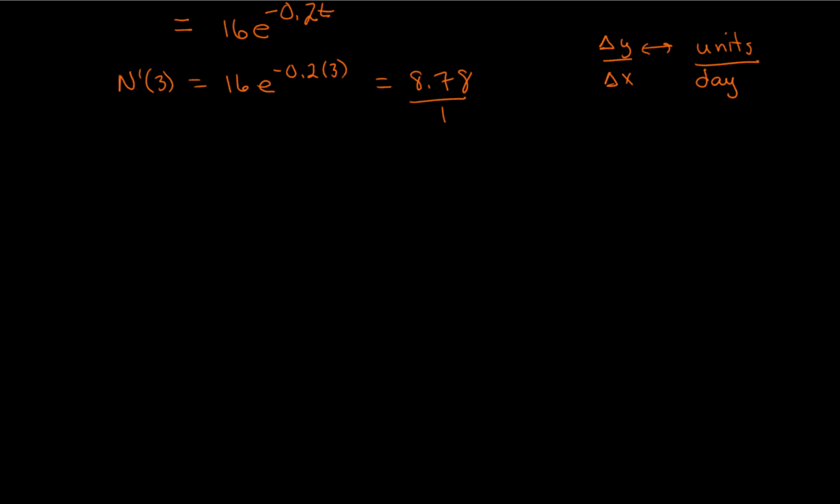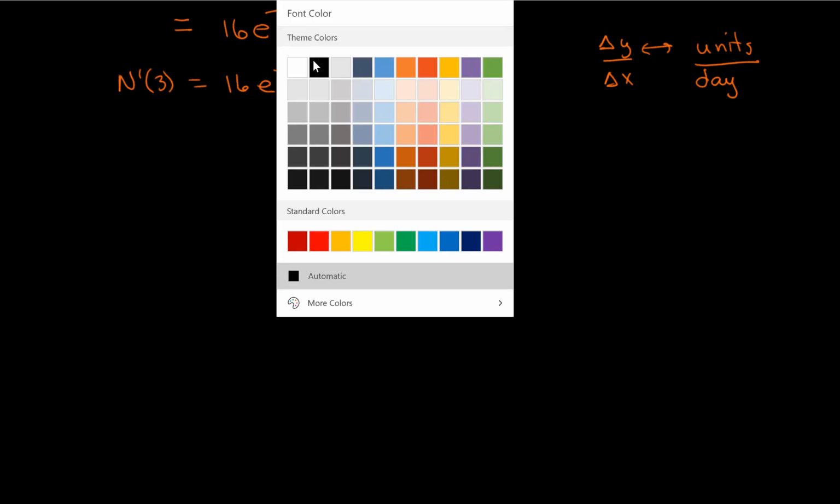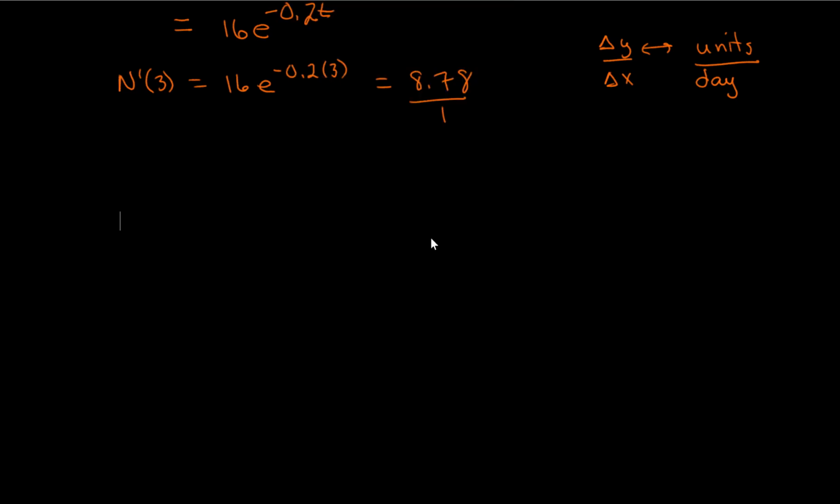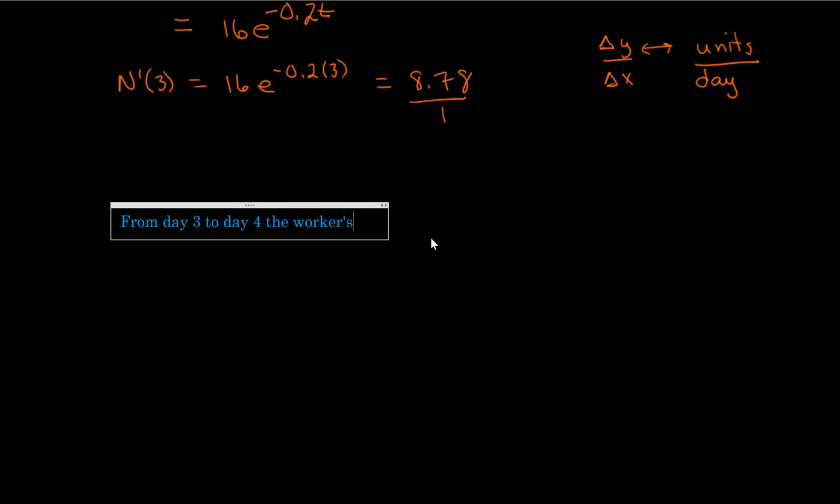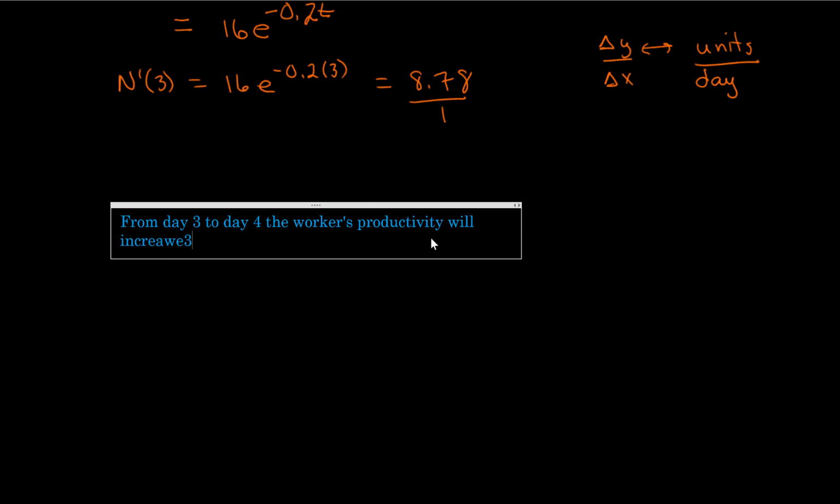What this 8.78 means is, it might be quicker just to type this. What this is telling us is, from day 3 to day 4, the worker's productivity will increase by 8.78 units.